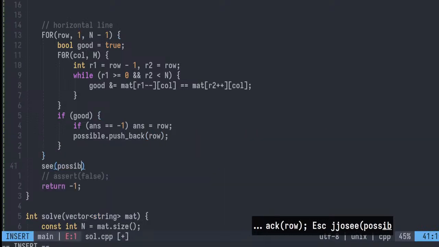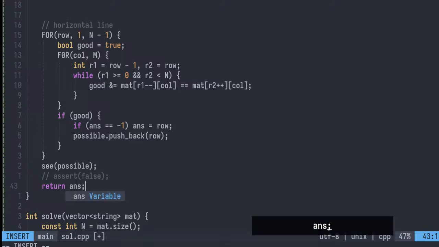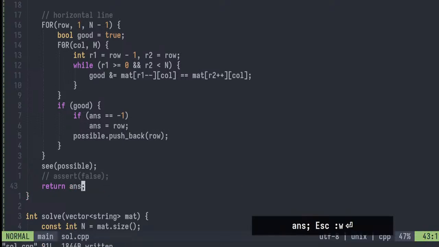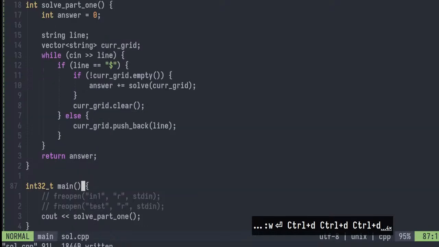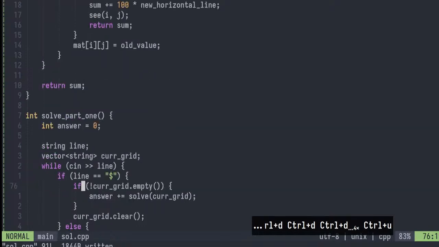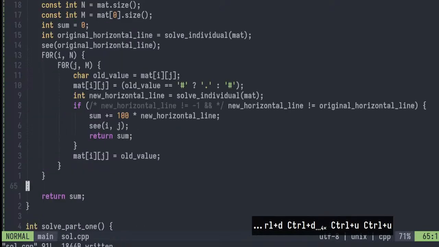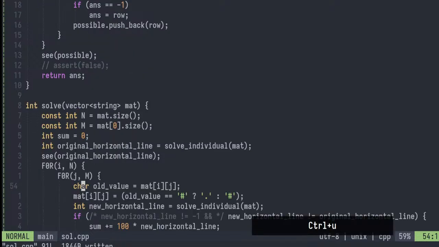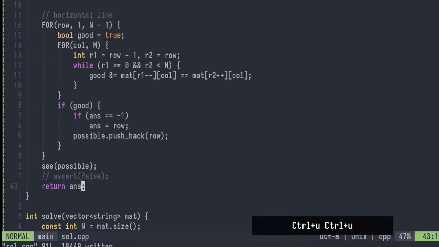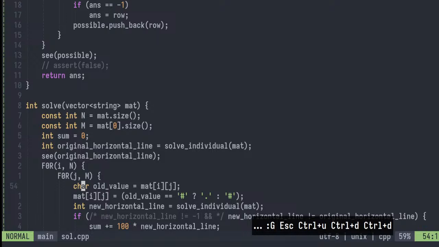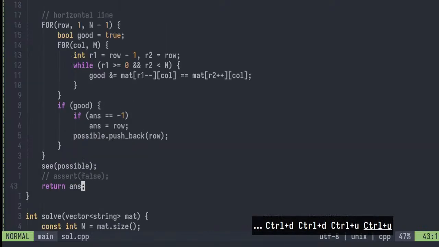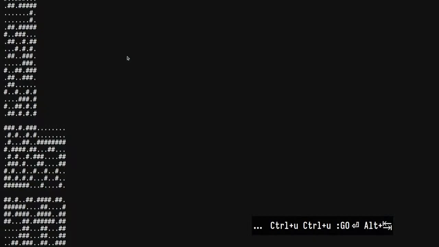Let's print possible values of valid horizontal row, horizontal lines, and then return answer from here so that I can debug it clearly. This is what I wanted to do, right? Let's check.